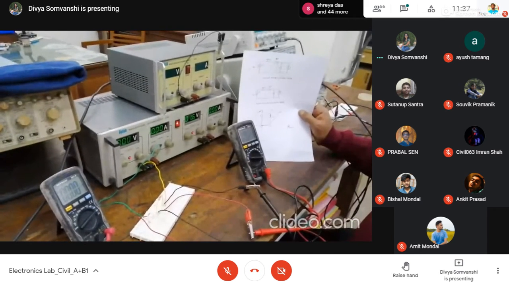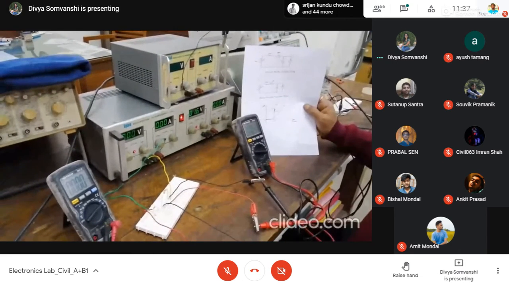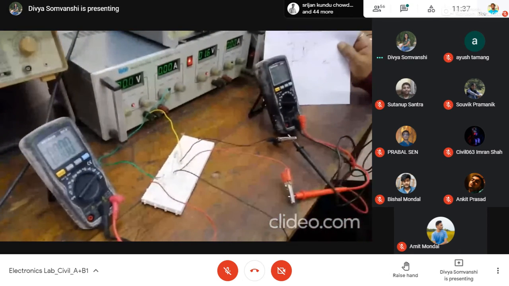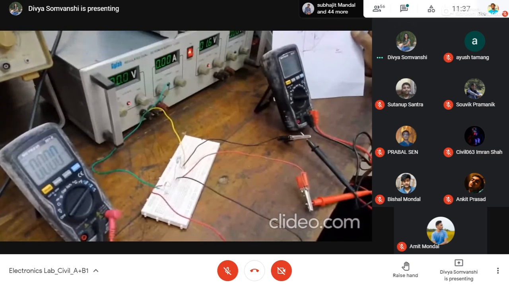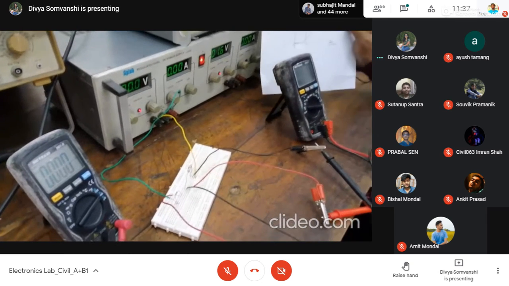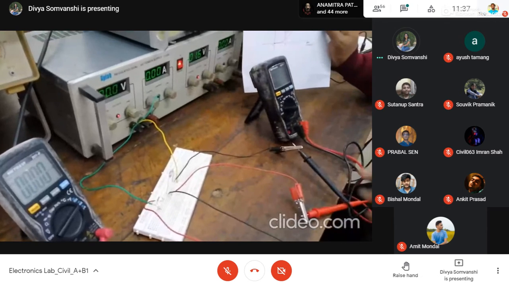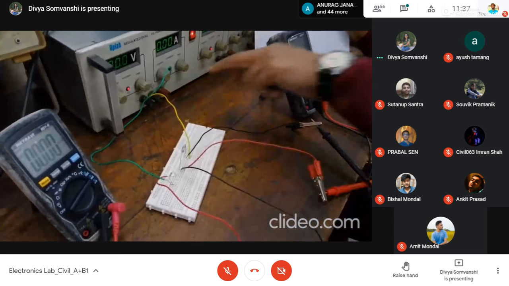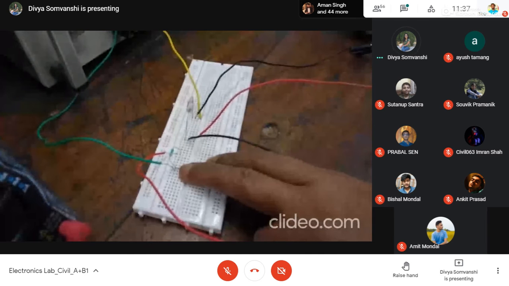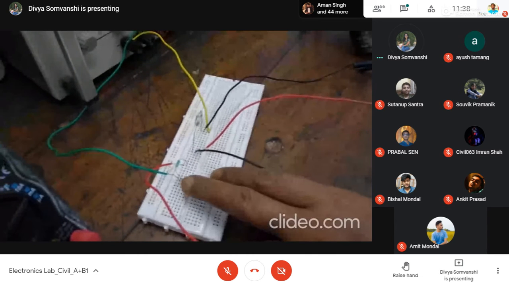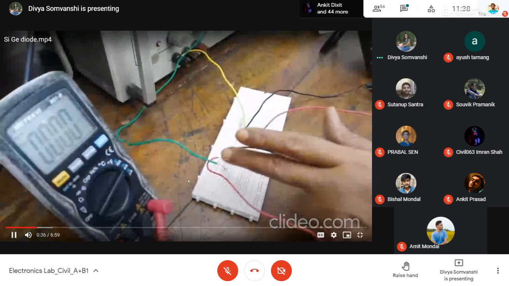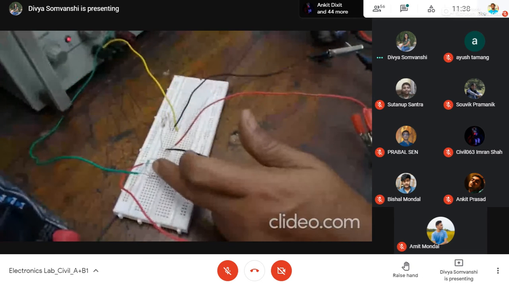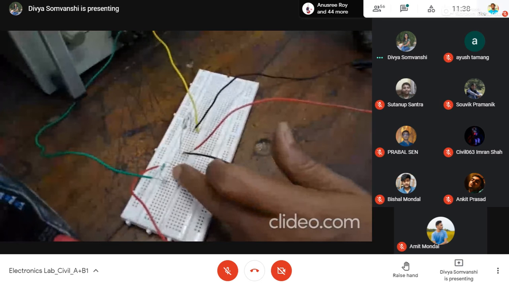VI characteristics of PN junction diode for forward bias function. Now you see, practically the circuit has been constructed like this from the source at this point, and from there is a series resistance in the order of 100 ohms.